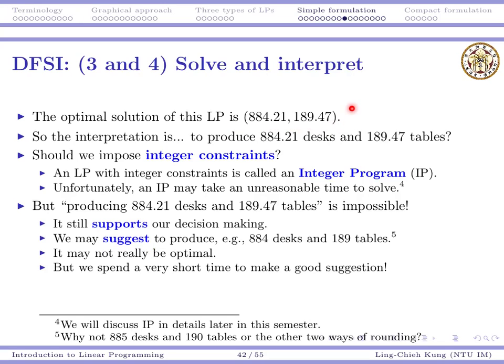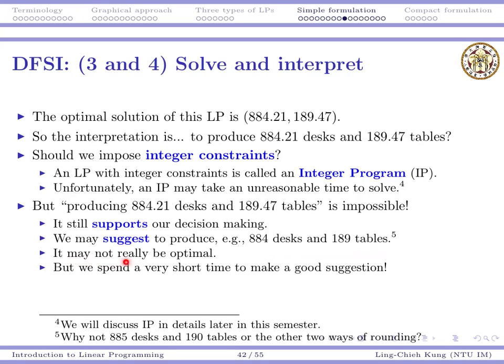If we see a solution like this, we do adjustments to remove those fractional parts. That's something we can do. And this solution can still be much better than what we may get without using linear programming, right? So as long as linear programming can help us in this way, then it's good enough.